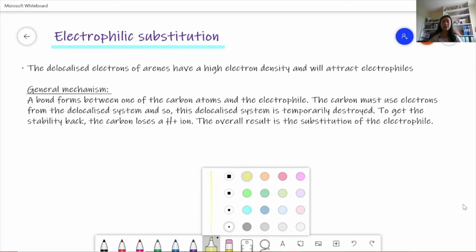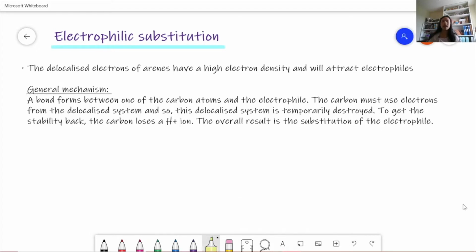In order to get the stability back, the carbon loses a H+ ion, and the overall result is the substitution of the electrophile. So we substitute a hydrogen for the electrophile. So key things to note are that the delocalized system gets temporarily destroyed, and the carbon loses a H+ ion, and that's what's substituted out.